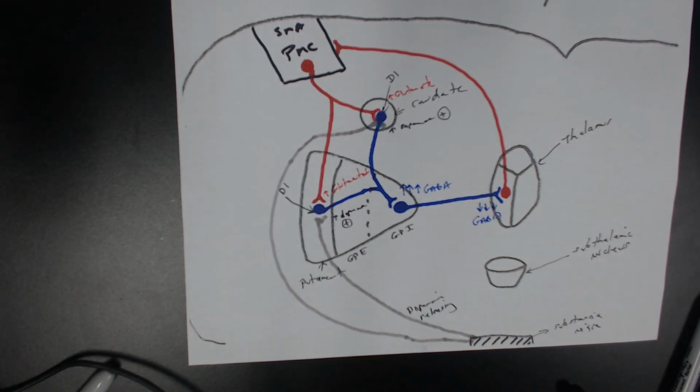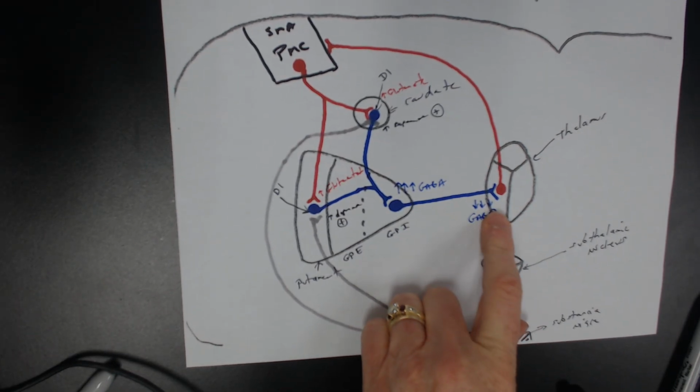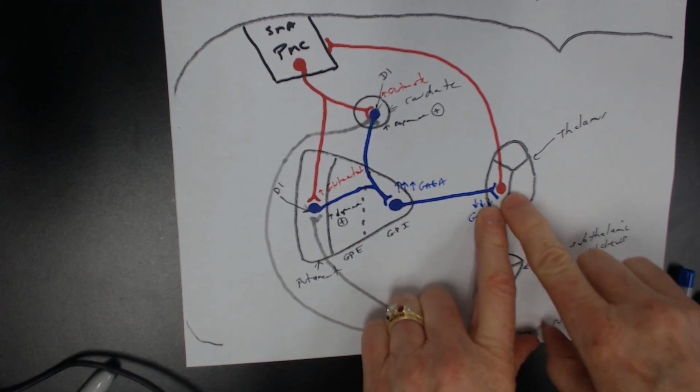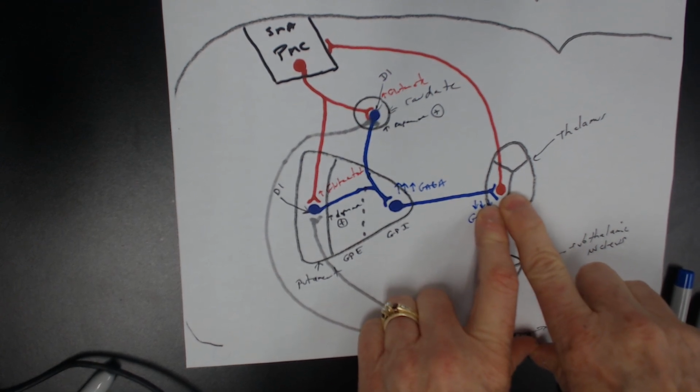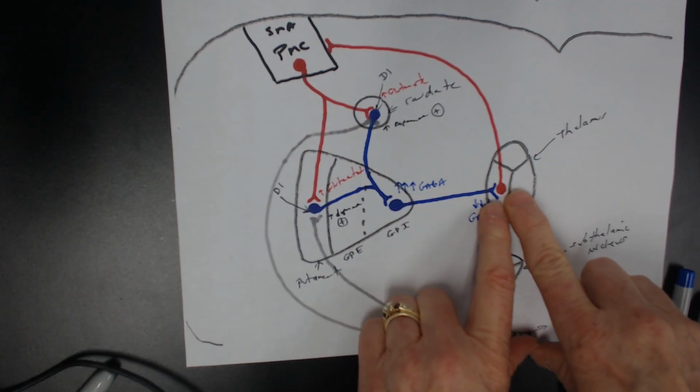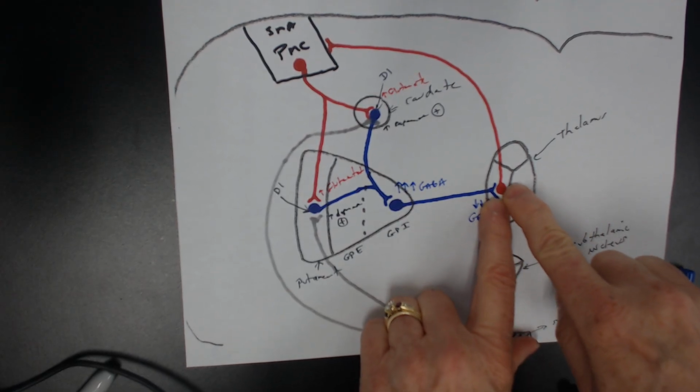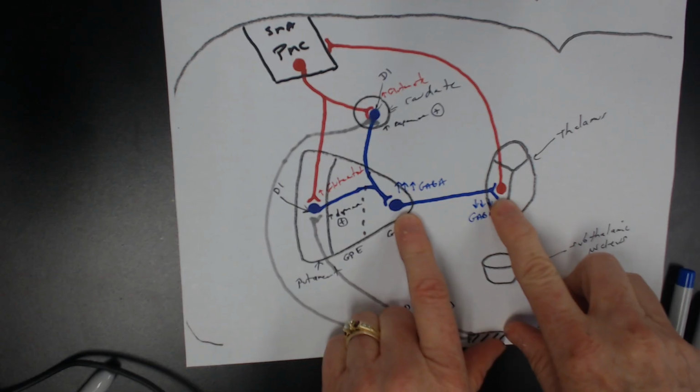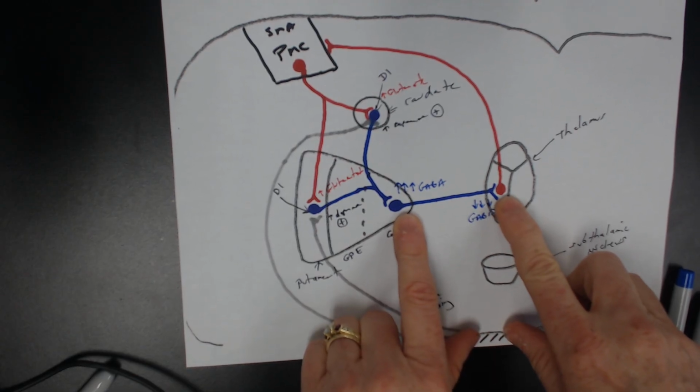So if you hyperpolarize, there's going to be less GABA here. And if there's less GABA here, what happens to the neuron in the thalamus? It fires. So if it's allowed to fire, it's released from inhibition. It's normally inhibited, but it's released from inhibition.